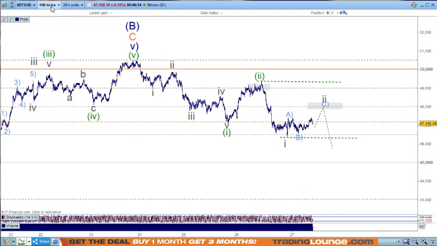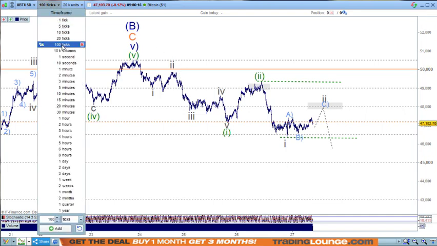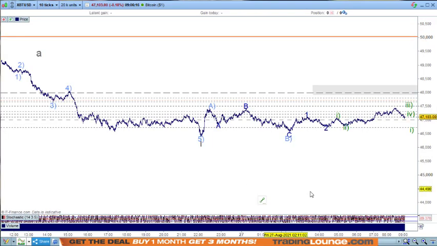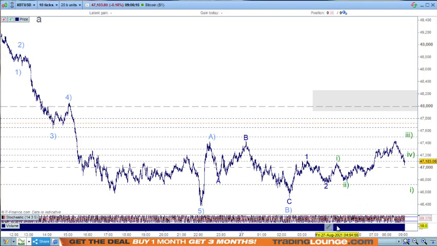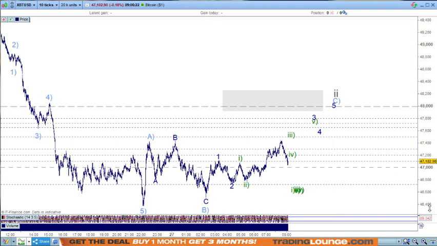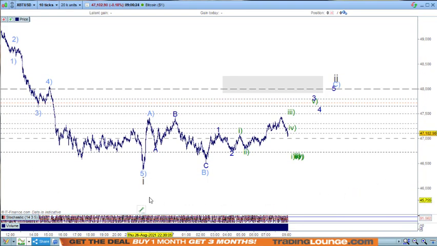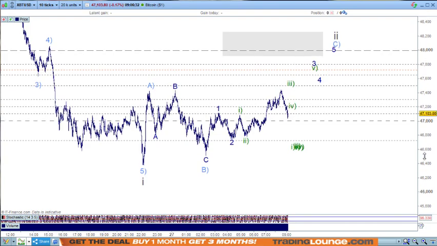So we're going to cruise in here a little bit further. We're on 100 ticks. We're going to go to 10 ticks just to understand this. So we've got wave 1 here, and we've got wave 2 over here, and that's our 50-60% retracement level. Okay.